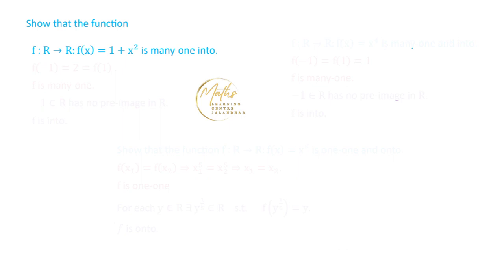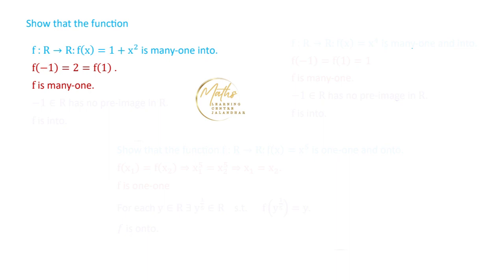To prove that it is many one, we have to show that there are two elements in the domain that have the same image. f of minus 1 is equal to 2, and f of 1 is also 2. So clearly there are two elements of the domain that have the same image. So this function is a many one function.